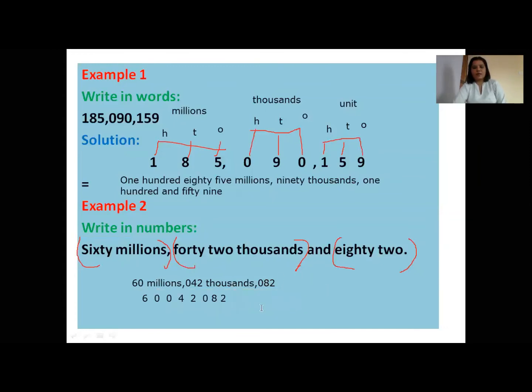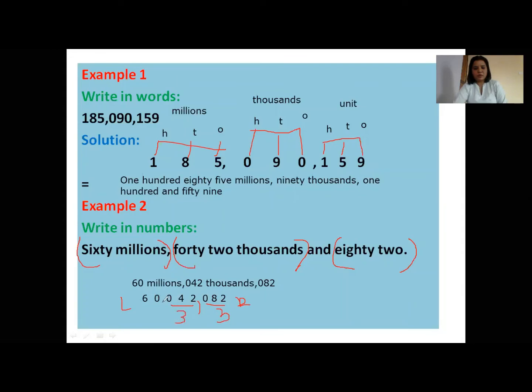While using the comma to separate the periods, first we count the number from the right to the left. We count the first 3 digits from the right, then we place a comma. Then we place a comma after every 3 digits.